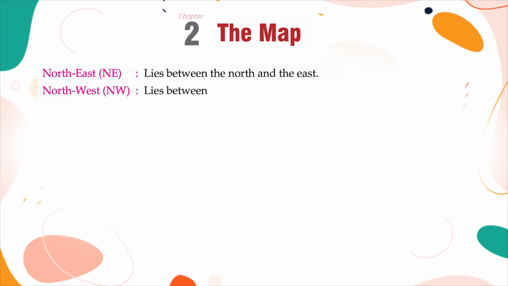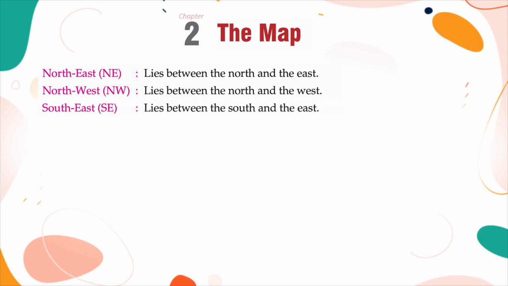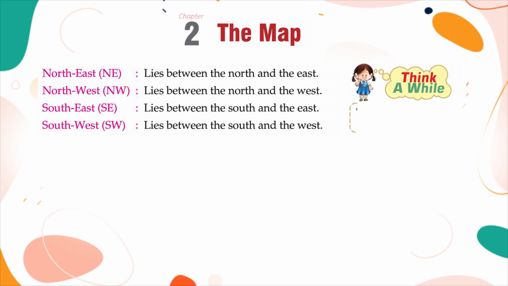Northwest, NW, lies between the north and the west. Southeast, SE, lies between the south and the east. Southwest, SW, lies between the south and the west. Think a while. What is the importance of directions in a map?